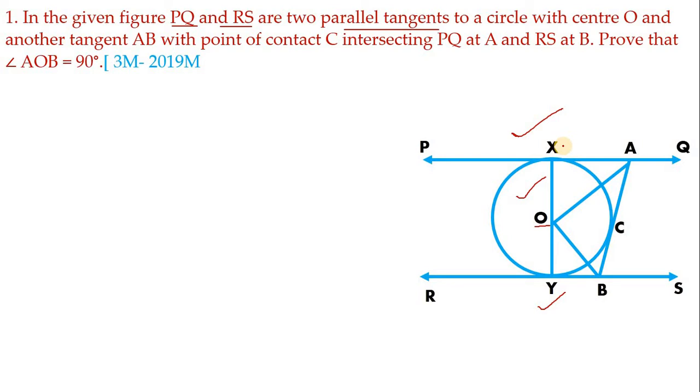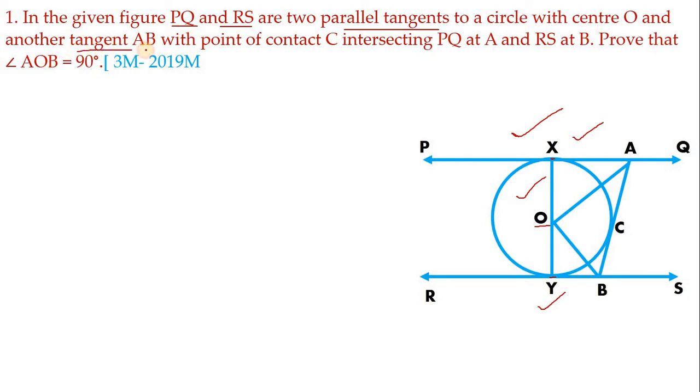Tangent means a line which intersects a circle at one point. If you look at the PQ line, it is intersecting the circle at point X, hence PQ is a tangent. Similarly, RS is intersecting the circle at only one point Y, hence RS is also a tangent.